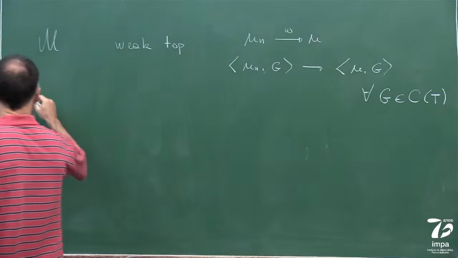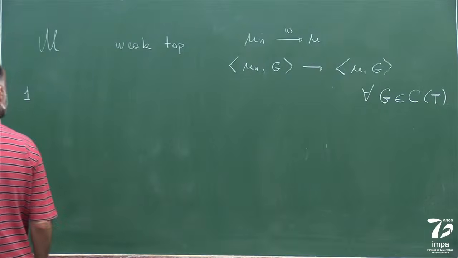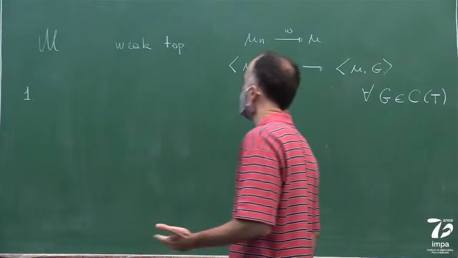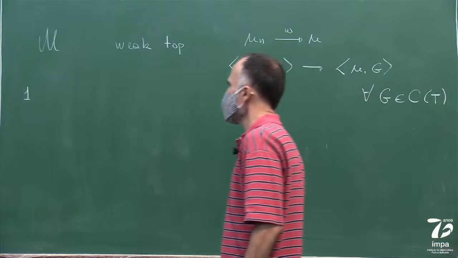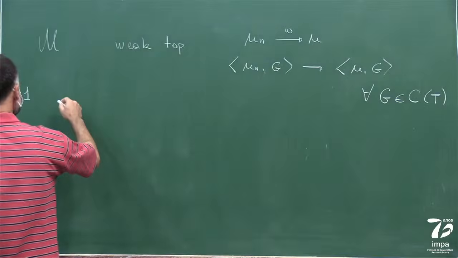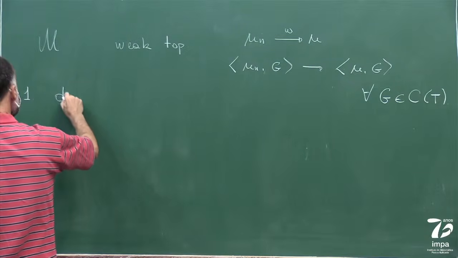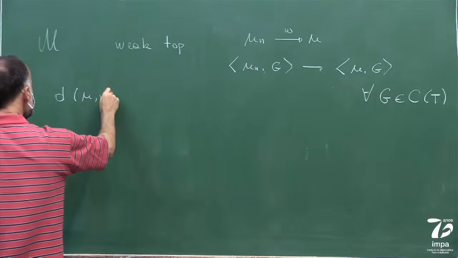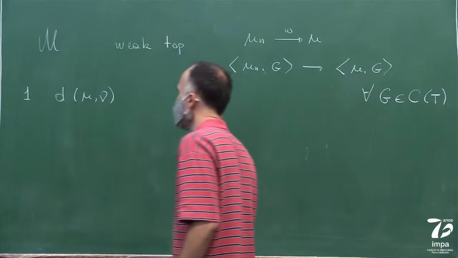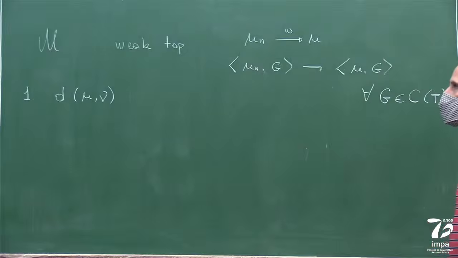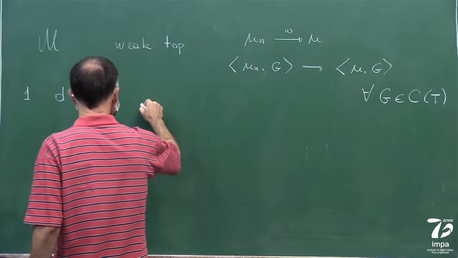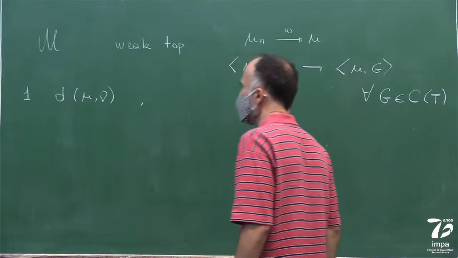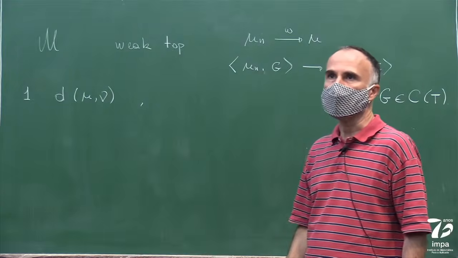So my first claim is that this topology is metrizable, which means that I can define a distance which is compatible with this topology. So if I take two elements, mu and nu, in this space M, so these are positive measures bounded by 1, I will define the distance between mu and nu in the following way.